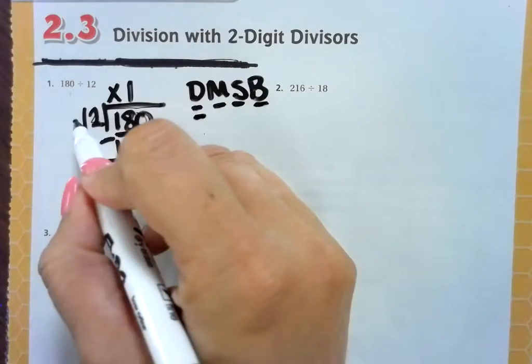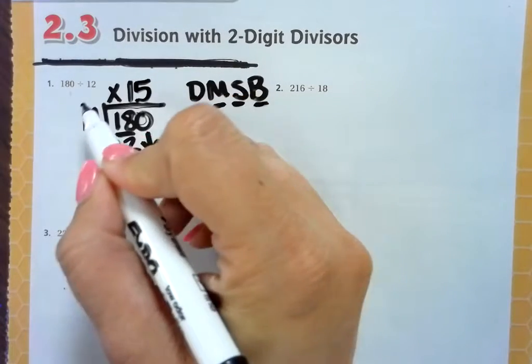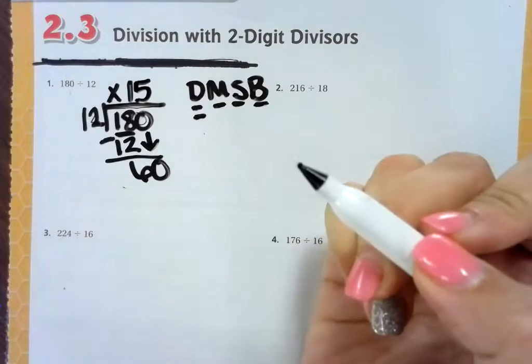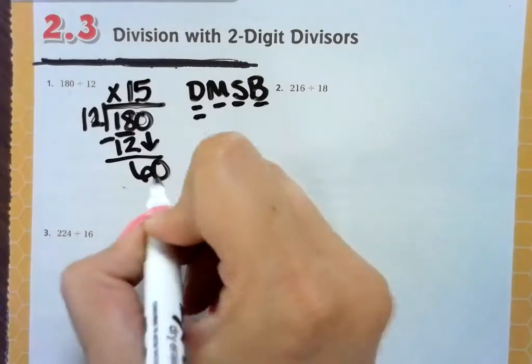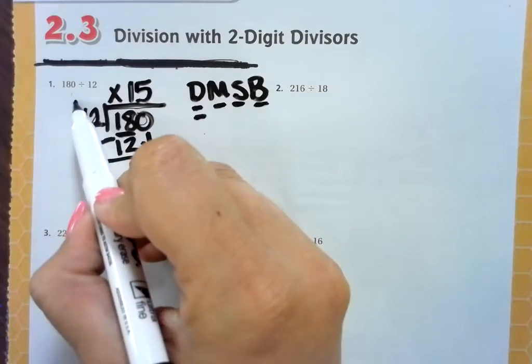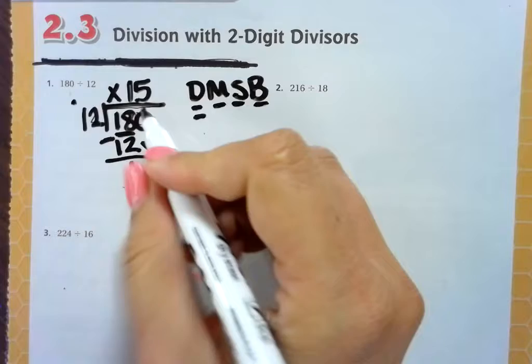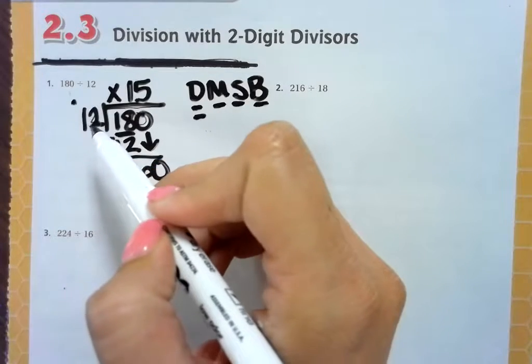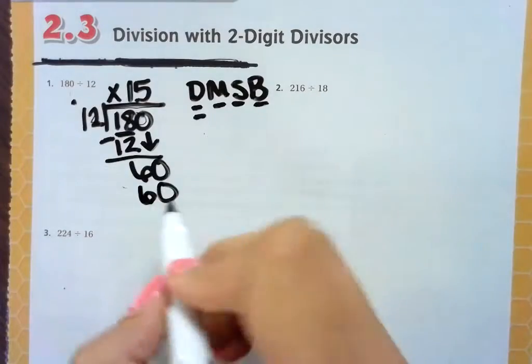Well, I know that 12 goes into 60 5 times because 5 times 12, I may not know that off the top of my head, then I need to know 5 times 2 is 10, carry the 1. 5 times 1 is 5, plus the 1 would give me 6. So 5 times 12 is 60.